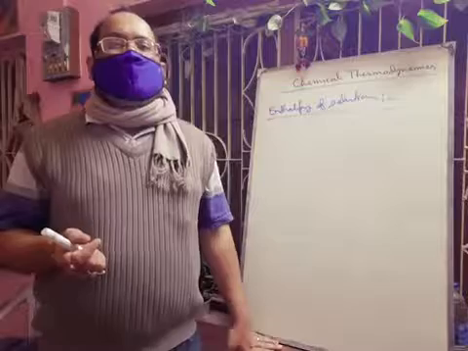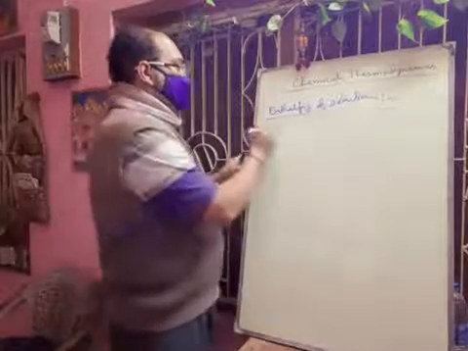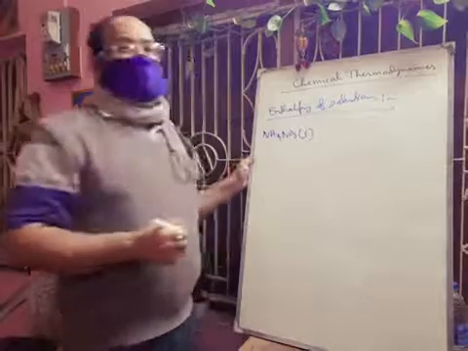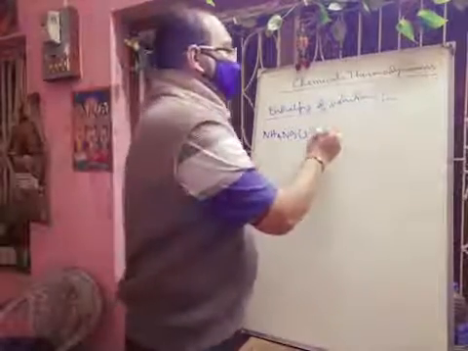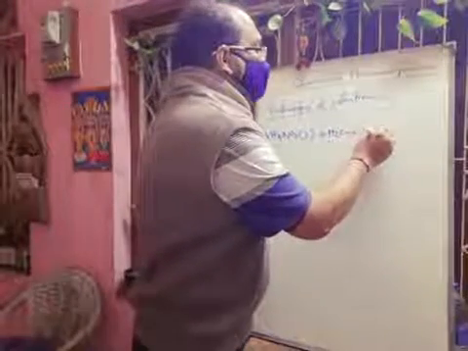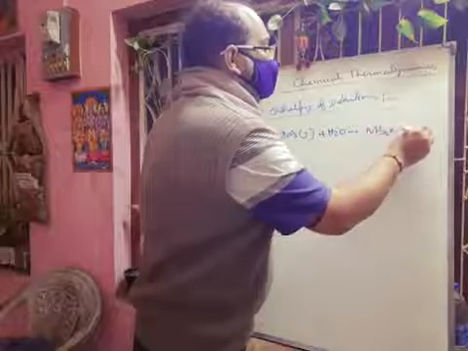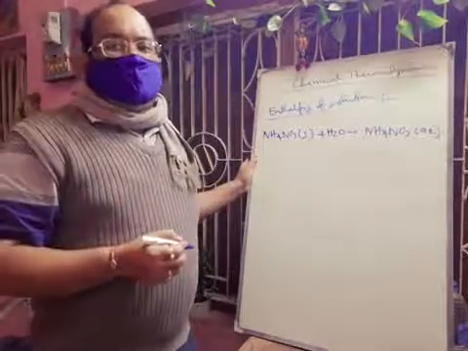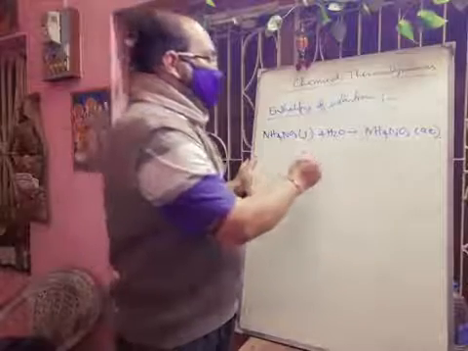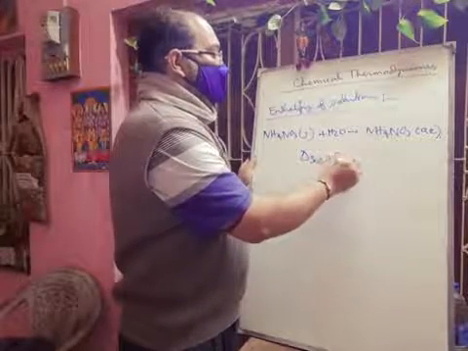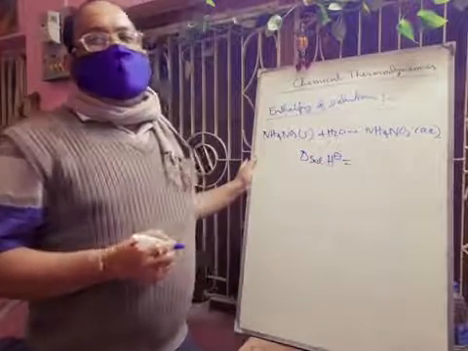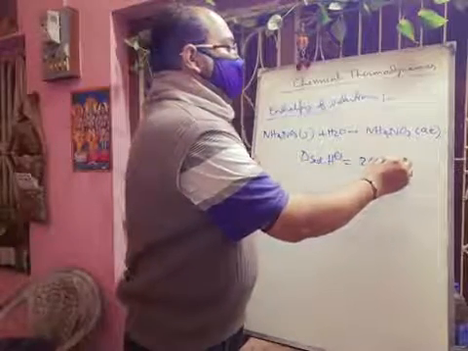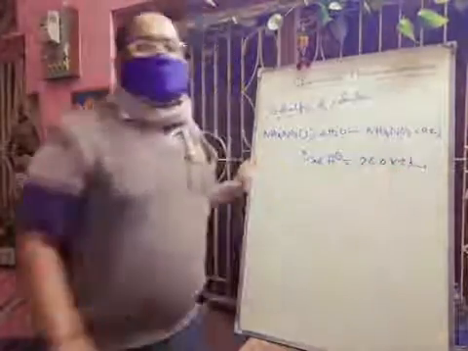Suppose we think about one ammonium salt, NH4NO3. This one is solid and here we are adding water. Then we will get NH4NO3 aqueous, ammonium nitrate aqueous. So in this case, the delta solution H theta will be equal to 26 kilojoule per mole. Hope you can understand.